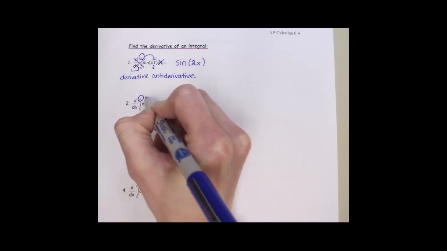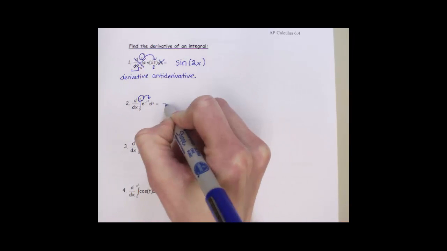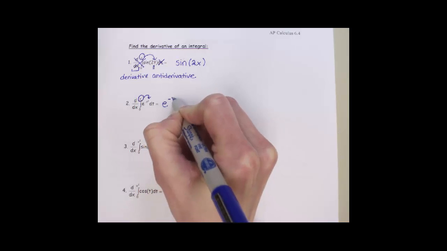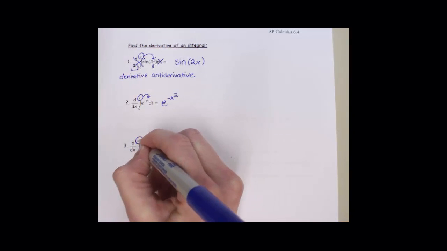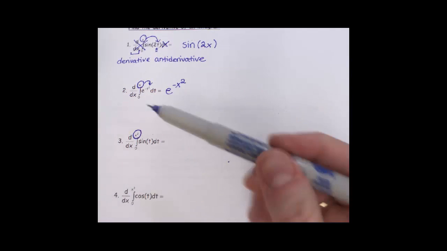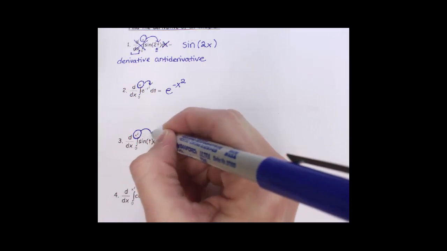So for this one in number 2, we're just going to plug that x back in, and we get e to the negative x squared. Now in number 3, this says x squared here, okay? So if I'm going to find the derivative, I'm still going to plug this back in.